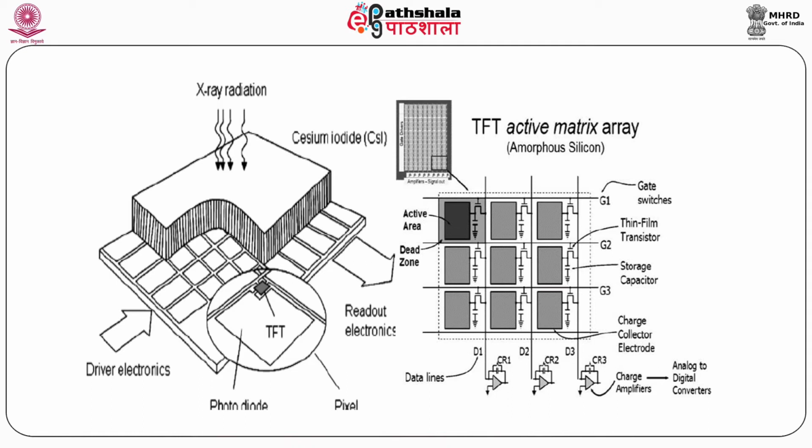As you can see here, in the case of an indirect digital detector, the name itself implies that first of all the detector converts the X-ray signal into a light signal, and then the light signal is converted back into an electrical signal. Here again we use either TFT or CCDs, mostly TFTs.